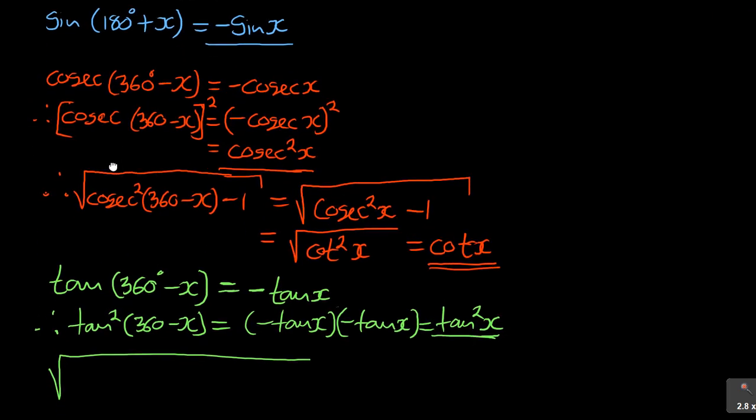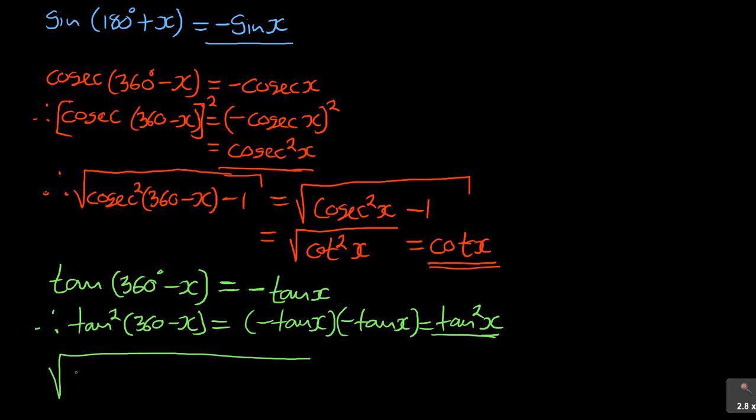So with that, it says square root of 1 plus tan 360 minus x. So we have got 1 plus tan squared, remember there was a square there, 360 minus x.